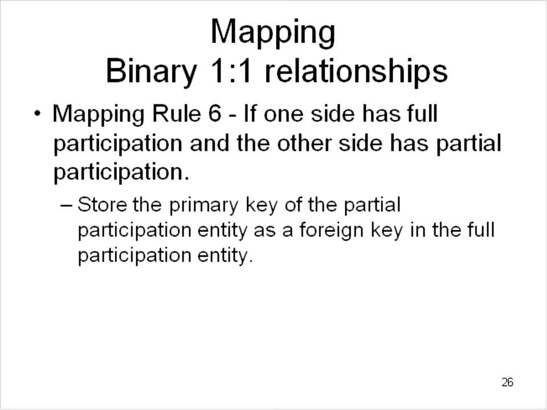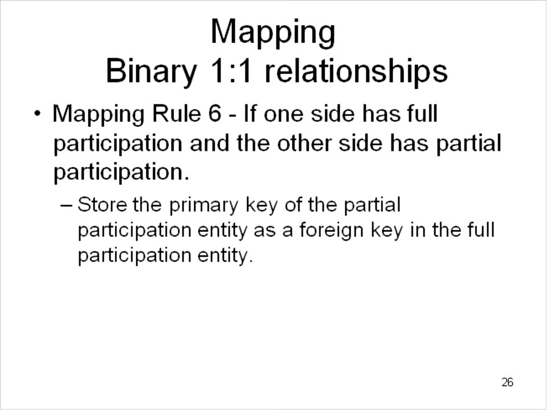But on the full side, a dependent has to belong to the employee. So there's always going to be information on the full side, is the idea. So that's why we take the key from the partial side and include it in the full side to minimize null values. And actually, if you remember this idea, you can kind of flow through.